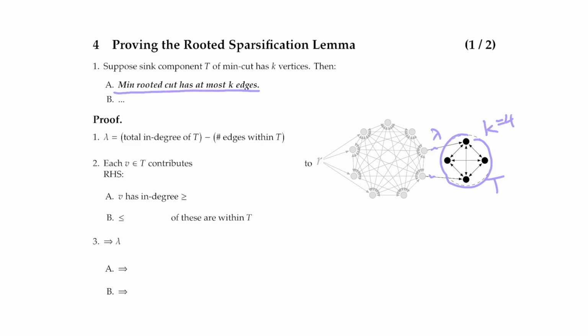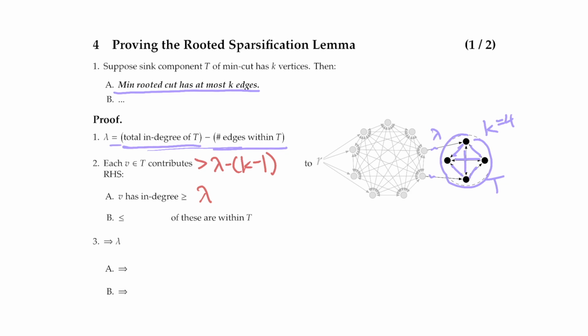We know that lambda is always, just from counting and adding things up, equal to the total in degree of T minus the number of edges that are within T. Okay. Now, each vertex, if I'm looking at the right-hand side here, contributes at least lambda minus k minus 1 to the right-hand side, because since each of these vertices themselves represents a rooted cut, the in degree is at least lambda.